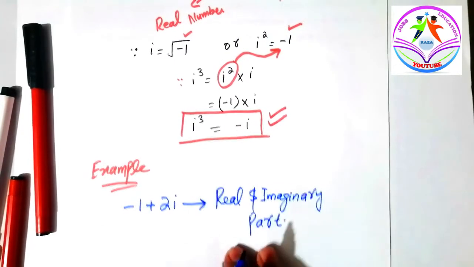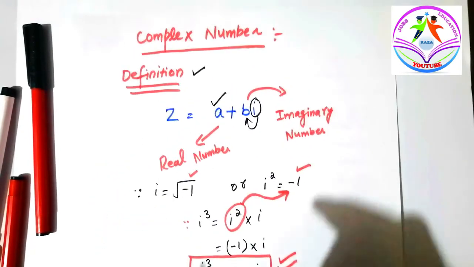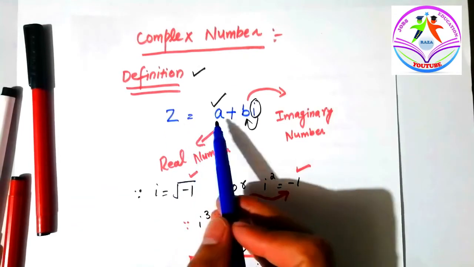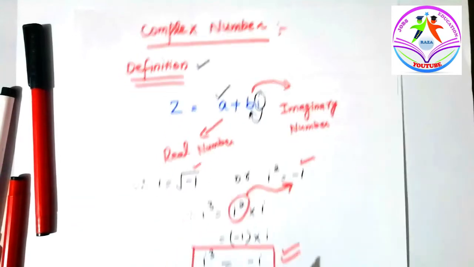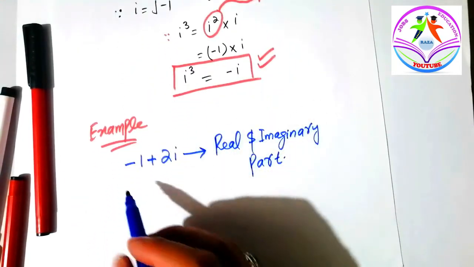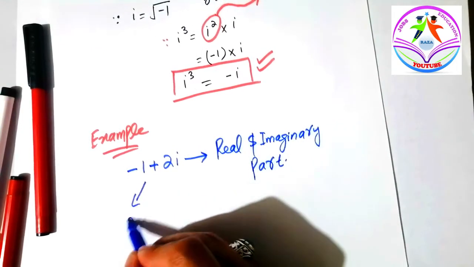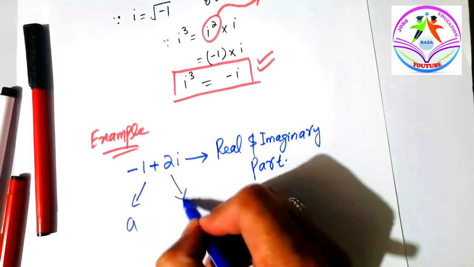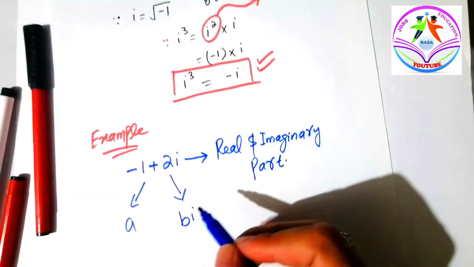We know the formula that we have discussed, that z is equal to a plus b iota, so we can write that it is a and it is b iota.